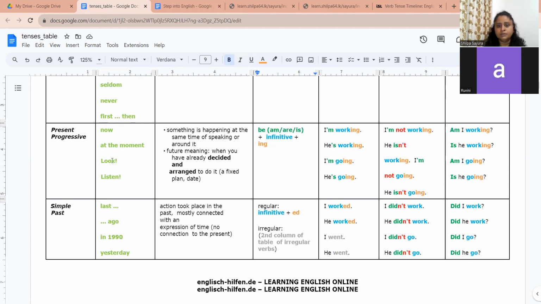At the moment, look, he's working. Look, he's singing. Listen, I'm speaking. So these signal words show the tense. It gives clear meaning of the tense that you are speaking.